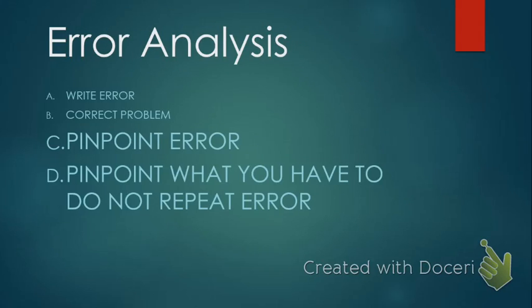The error analysis, I know we did the error, we found the error, you corrected the problem. Part C, the reflection part, this is where you really learn. You need to pinpoint that error, and then D, pinpoint what you have to do to not repeat that error. So pinpointing that error means, like somebody in seminar the other day was like, oh, I gave the answer to the cubic when the situation was a perfect squares.